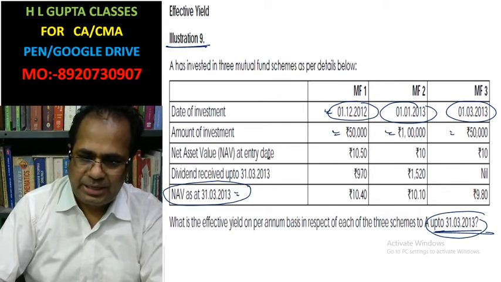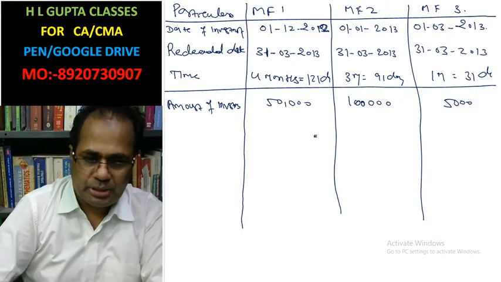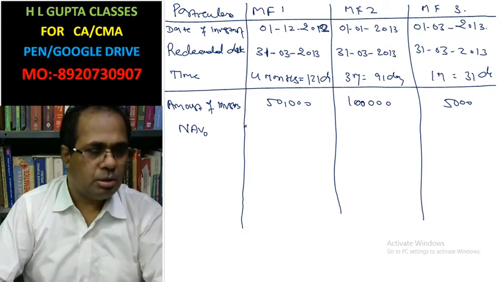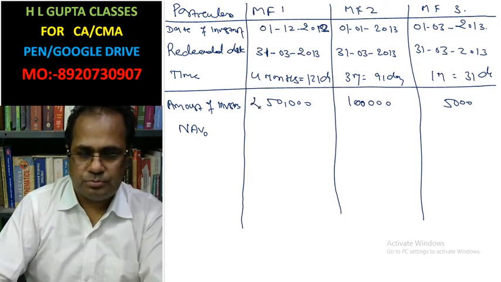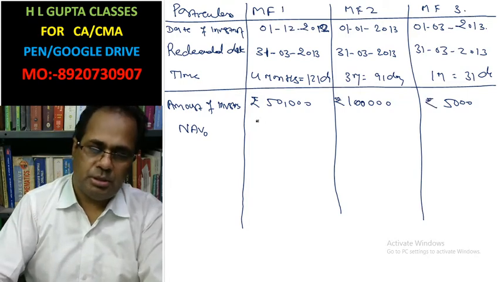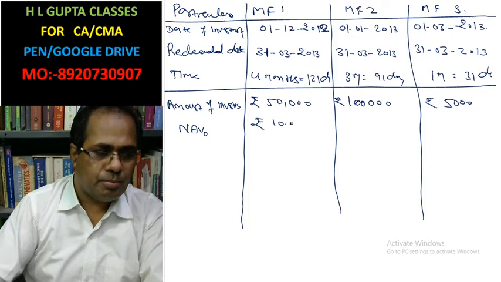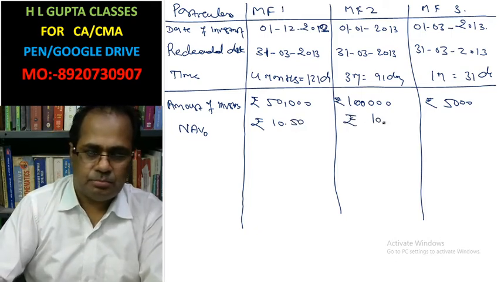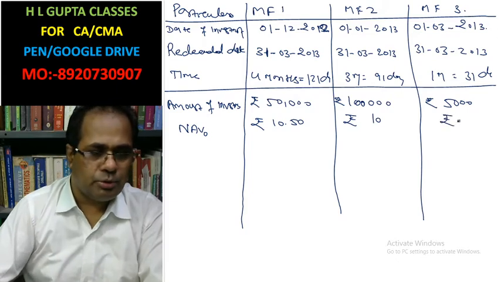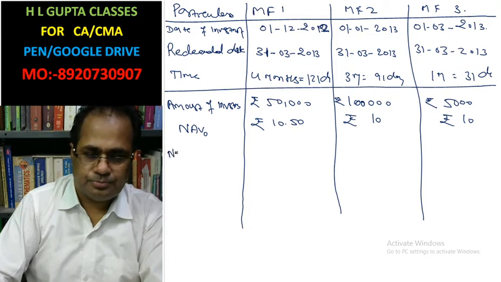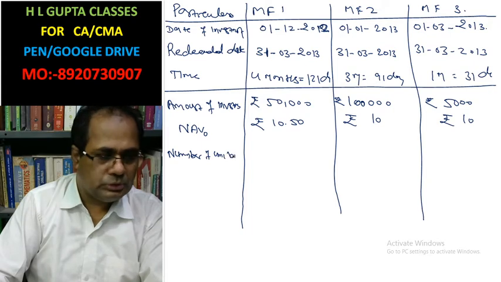Net assets value at the date of investment, that is the 0 period, is given: rupees 10.50, rupees 10, rupees 10. Number of units: 50,000 divided by 10.50, 1 lakh divided by 10, 5,000 divided by 10.